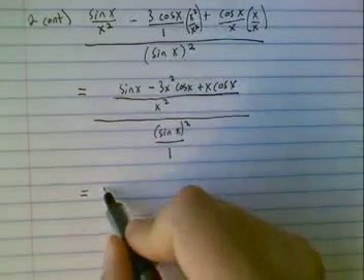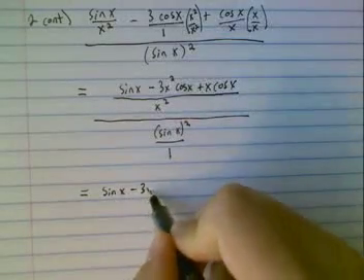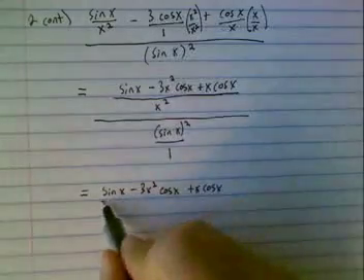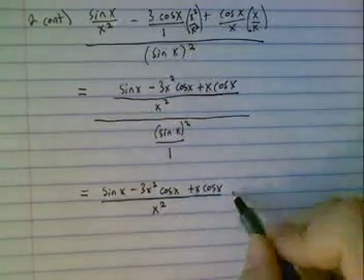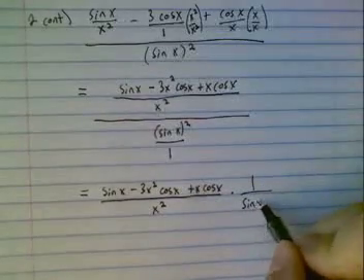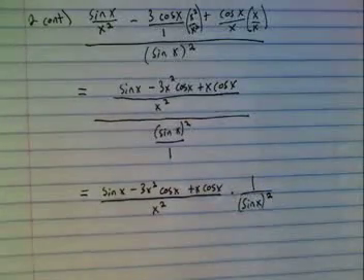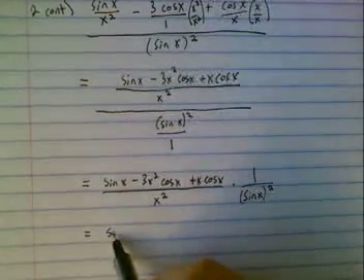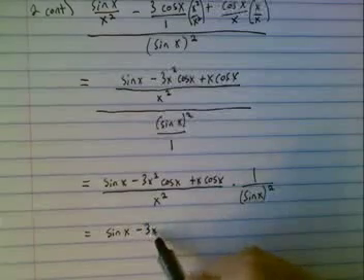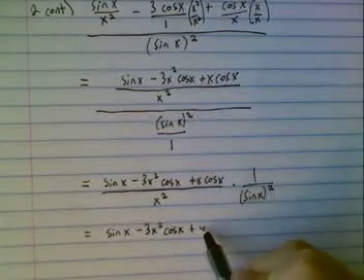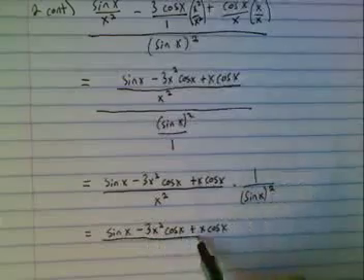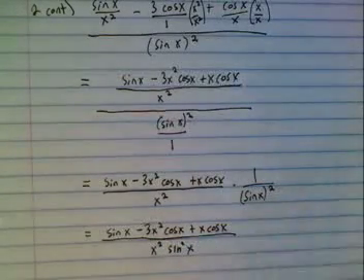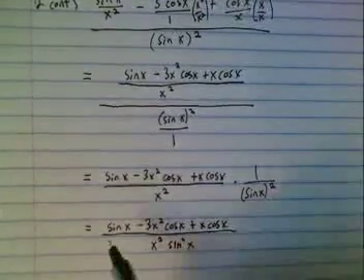So this whole long thing in the numerator, all over x squared times 1 over sine x quantity squared, and we can just multiply those denominators. Right like that.